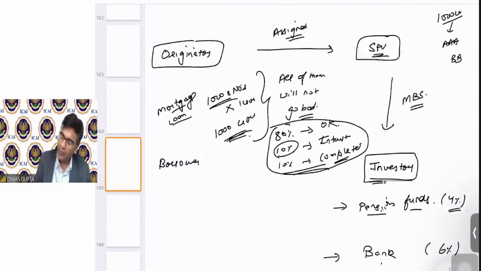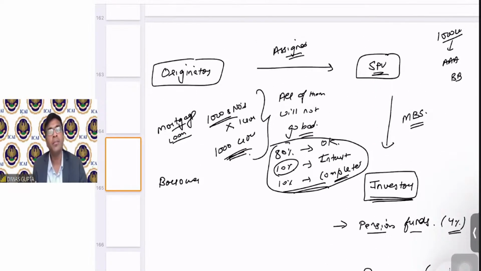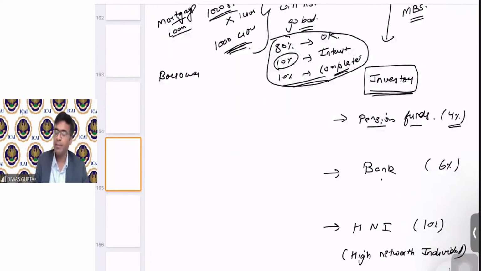So now SPV is in trouble because it has to deal with a pension fund asking for 4%, a bank asking for 6%, and HNI asking for 10%.